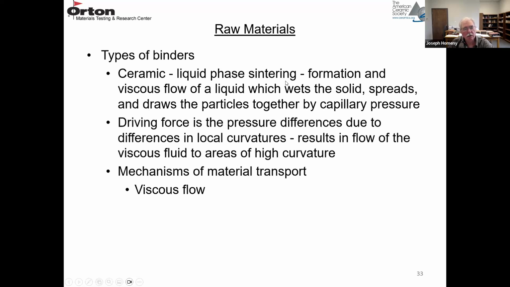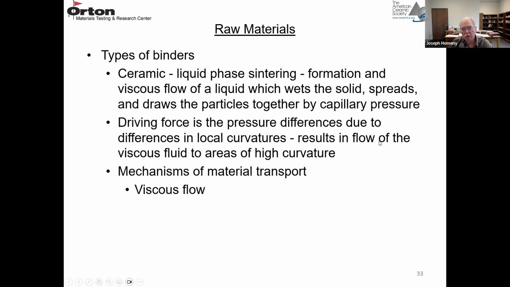In liquid phase sintering, you form a liquid and material is transported by viscous flow. This liquid should wet the solid, should spread over the solid, and the particles will be drawn together by capillary pressure. So the driving force is simply pressure differences due to differences in local curvatures.